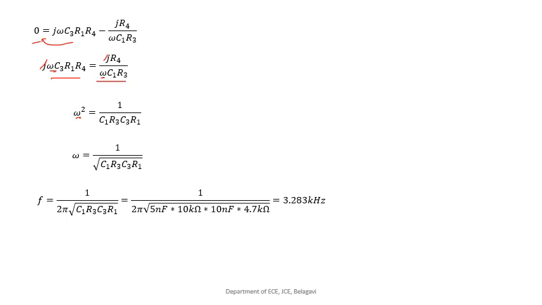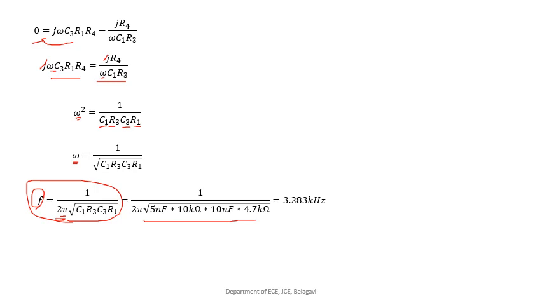So omega square will be equal to 1 upon C1 R3 C3 R1. Then if you take the square root and simplify for frequency, omega is equal to 2 pi f. If you substitute for that, you will get 2 pi in the denominator. So this is the general formula. Then you have to substitute the values.